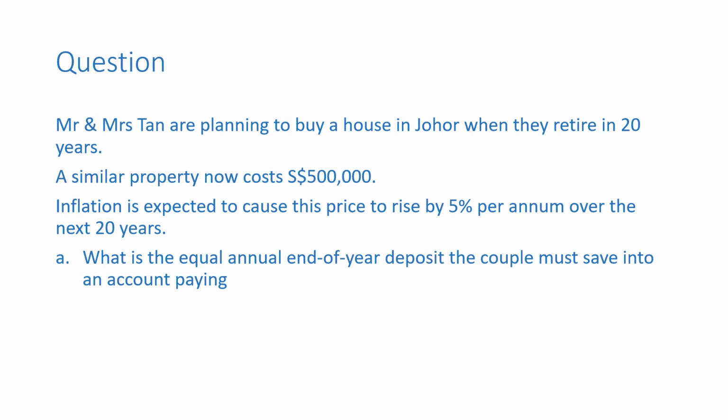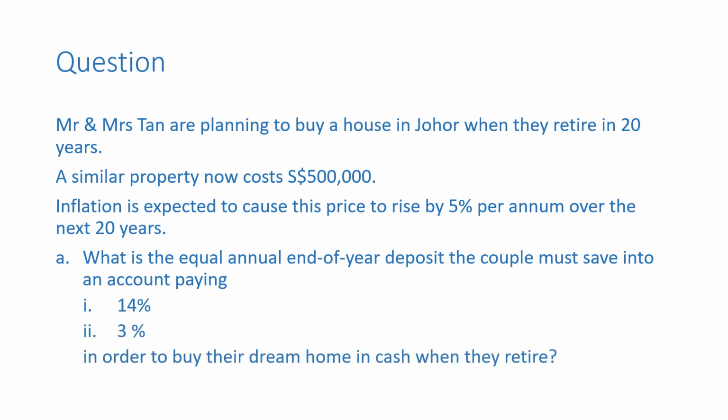What is the equal annual end-of-year deposit the couple must save in the account paying 14% or 3% in order to buy their dream house in cash when they retire?